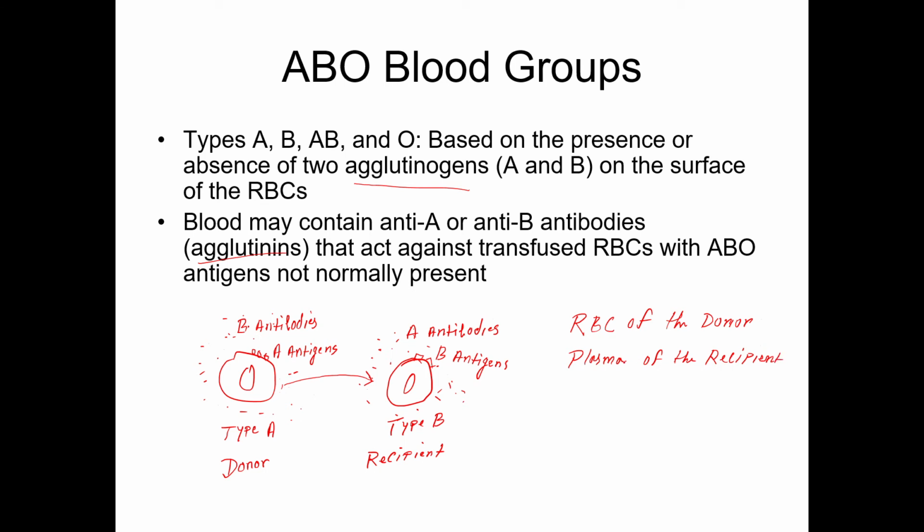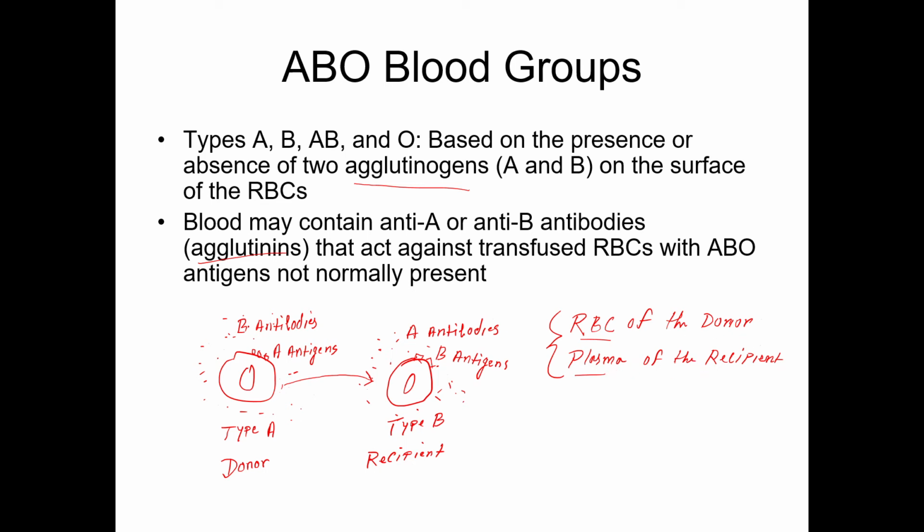So we consider these two things: the red blood cells of the donor, we don't consider the plasma of the donor, and the plasma of the recipient, not the red blood cells of the recipient.